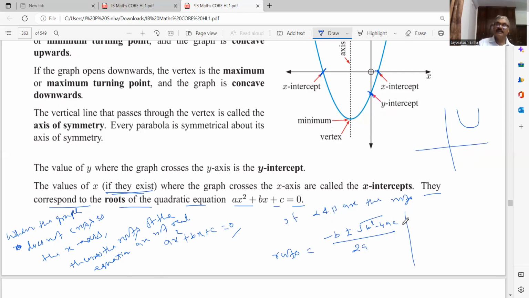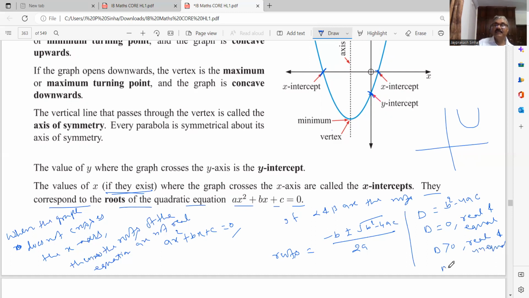We already know the discriminant of the quadratic equation, D is equal to b square minus 4ac. If D is equal to 0, then it has real and equal roots. If D is greater than 0, then real and unequal roots.